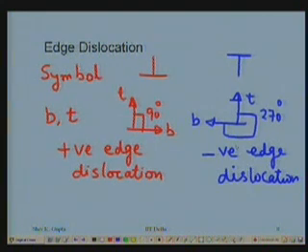Now, why is there a need for me to call something positive, something negative? Because when I turn it upside down, if it was negative, it becomes positive, and the positive would become negative. In a crystal I could have two things existing together, one with a configuration such that the part plane is coming from the top, the other with the slip plane here and the part plane coming from the bottom.